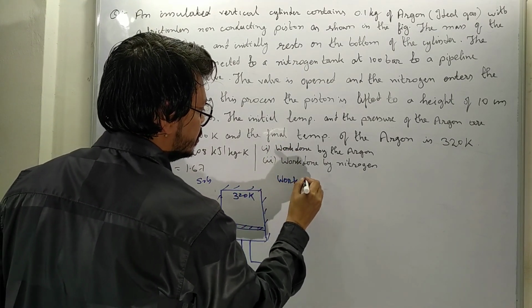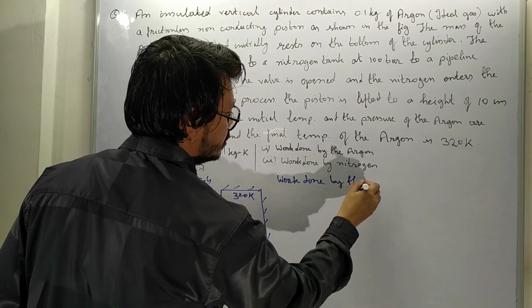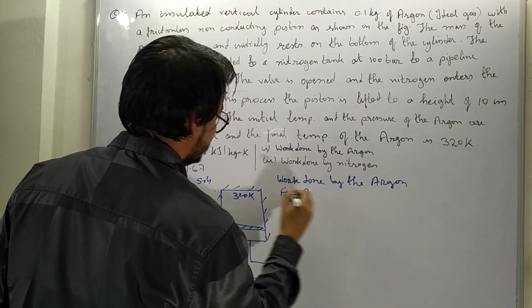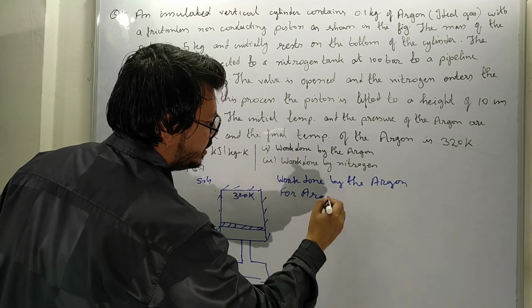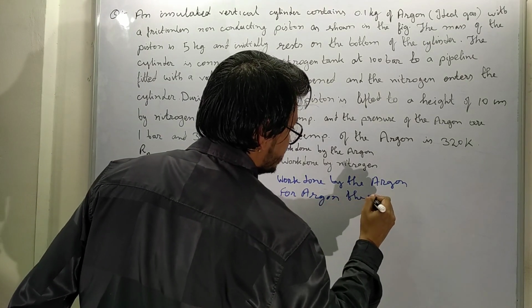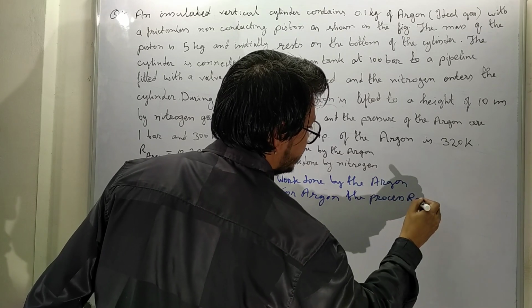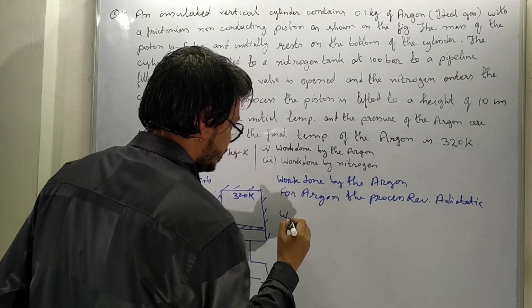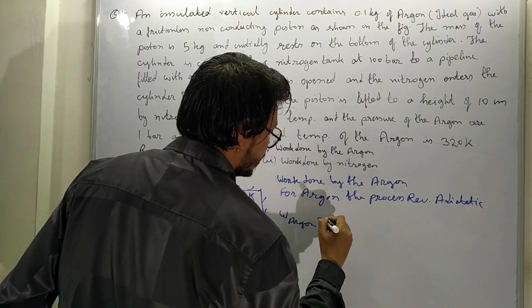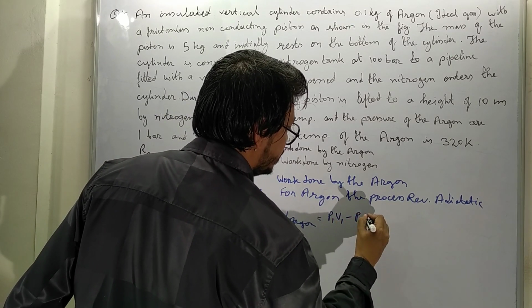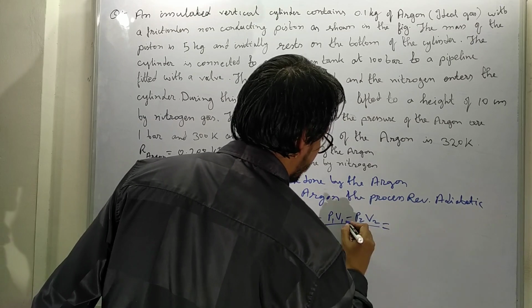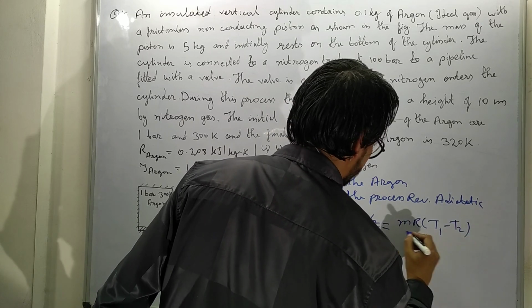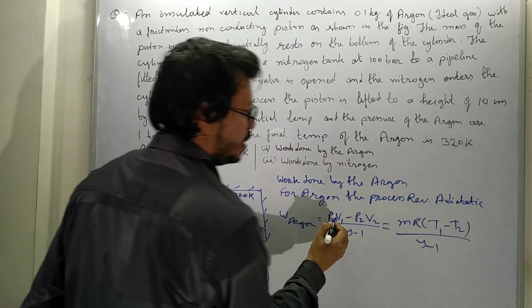Work done by the argon. Since the cylinder is insulated, the process is reversible adiabatic, so we can apply the work done formula for argon: (P1V1 minus P2V2) by gamma minus 1, which is mR(T1 minus T2) by gamma minus 1, since PV equals mRT.